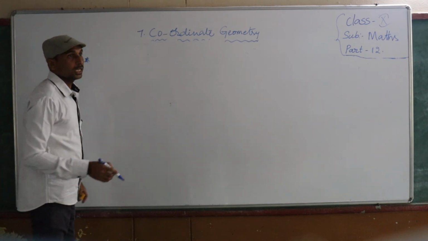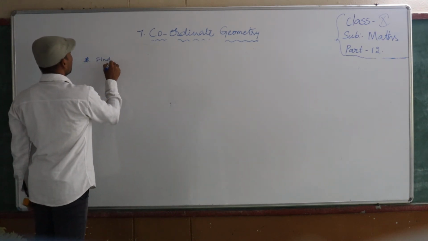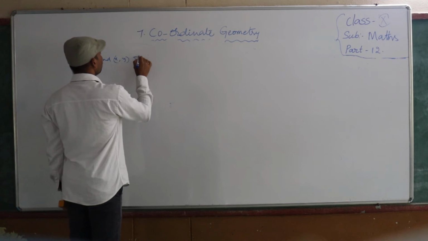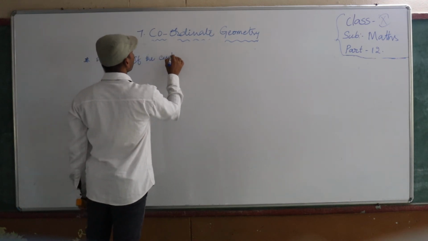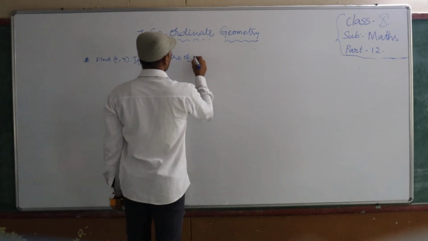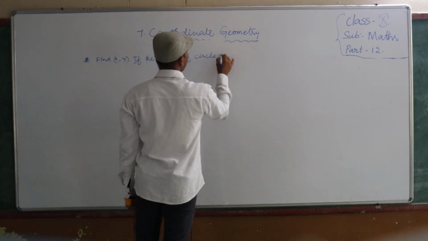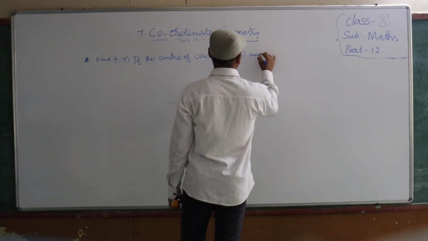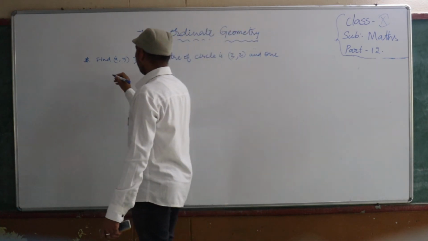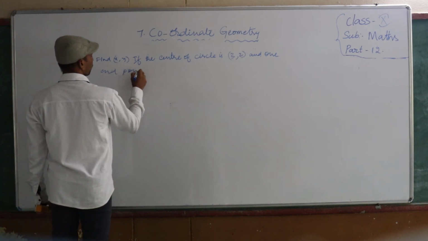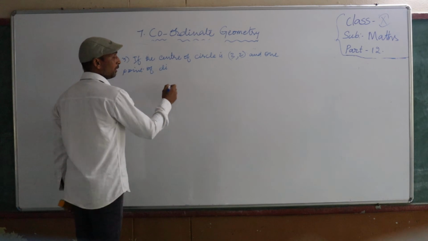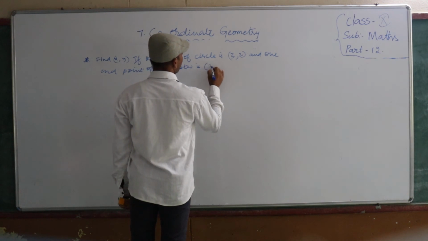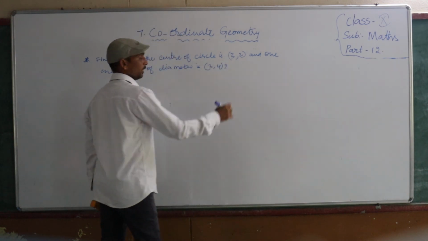Find x and y if the center of a circle is (3, 2) and one end point of the diameter is (3, 4). Very carefully.